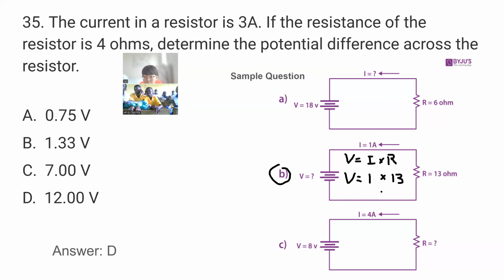So the voltage will be 13 since 1 ampere times 13 ohms, V equals IR.